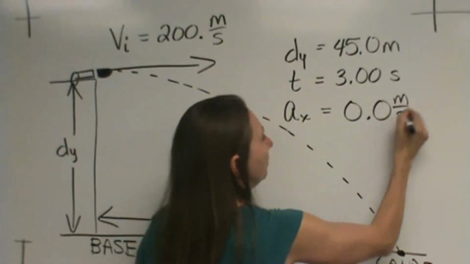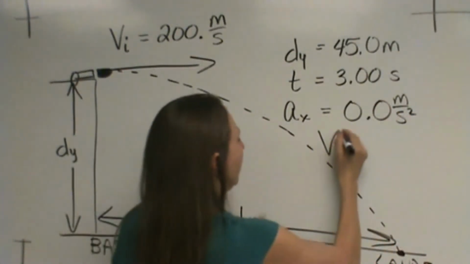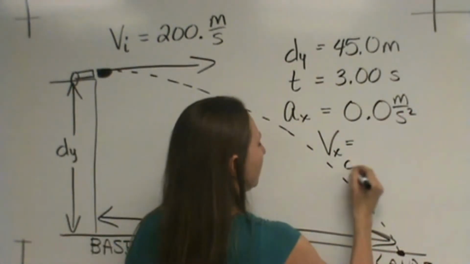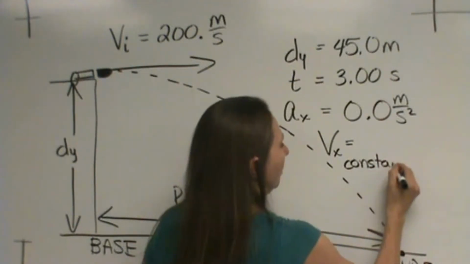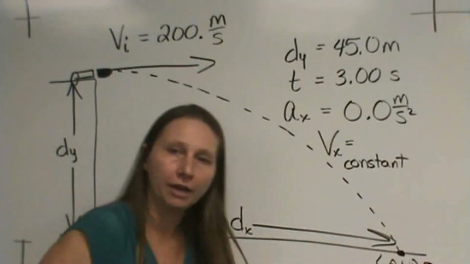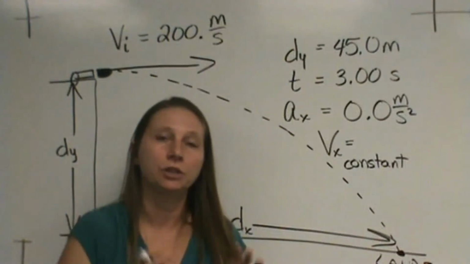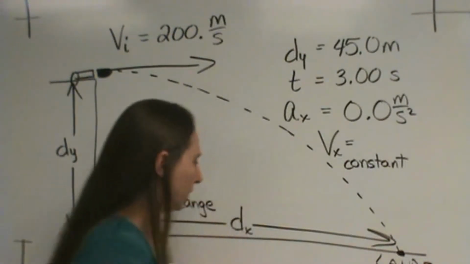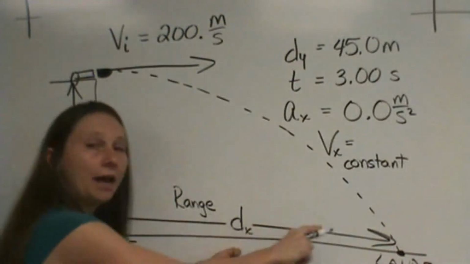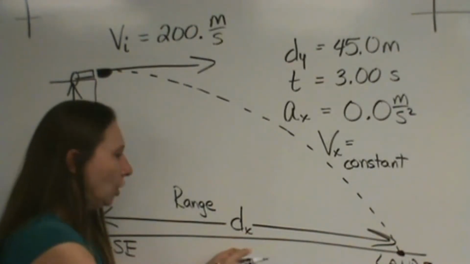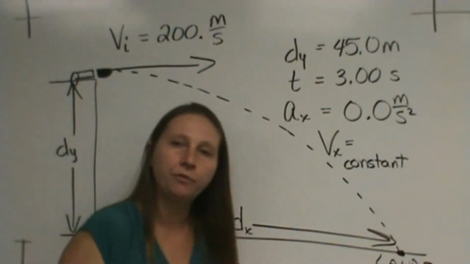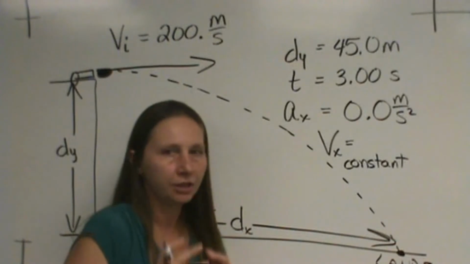So, in order to calculate the range, we're going to use a straightforward equation, the simplest equation of them all, for constant velocity. And that equation would be velocity equals distance over time.